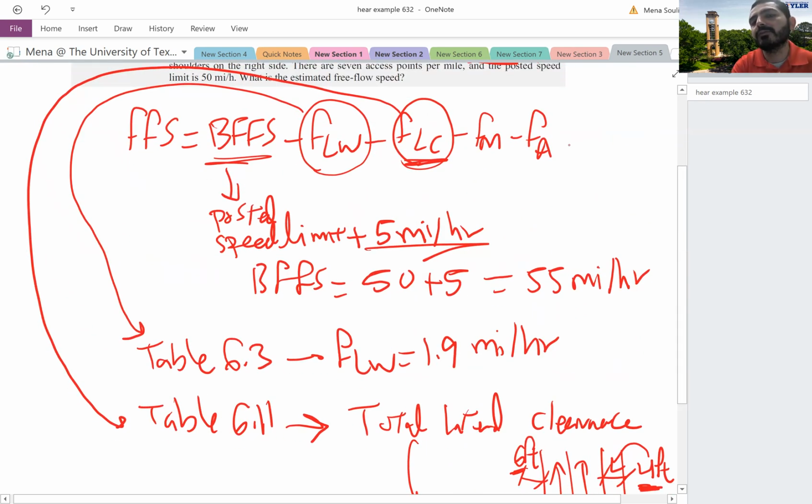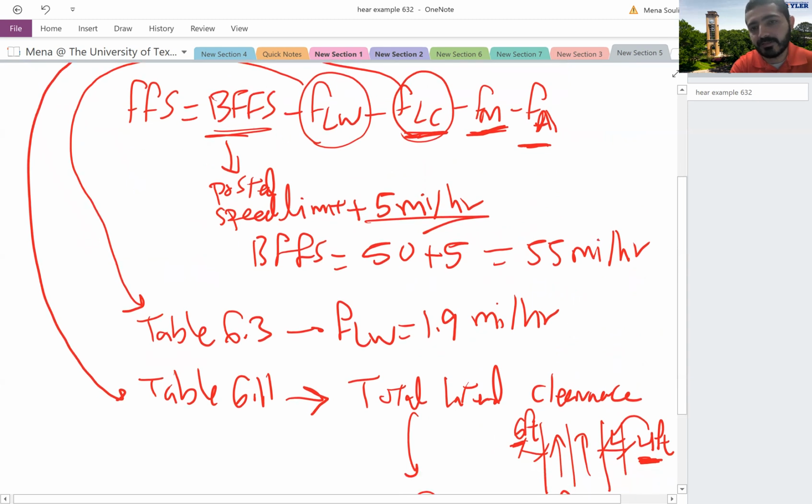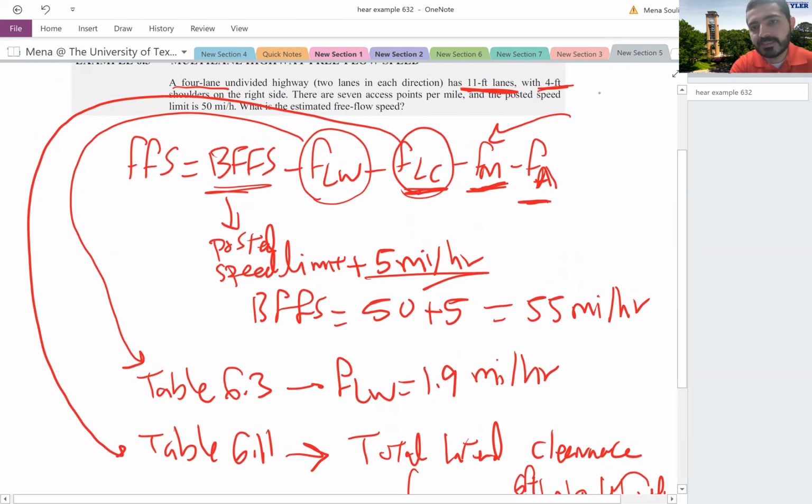Then we're going to now do the FM and FA. FM, the median correction factor, is from table 6.12. This is whether we have a median or not, and FA has to do with access points. So FM we get from table 6.12.